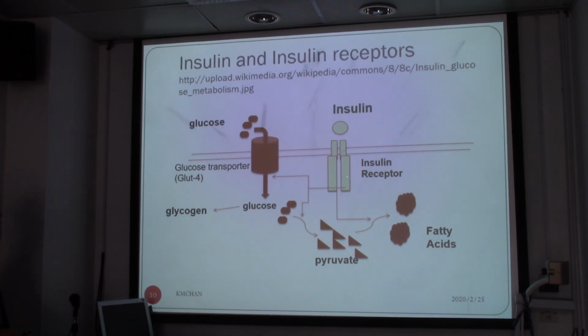At the same time, the signal transduction pathway will stimulate GLUT4 to facilitate glucose uptake. For example in the liver, glucose is polymerized into glycogen.